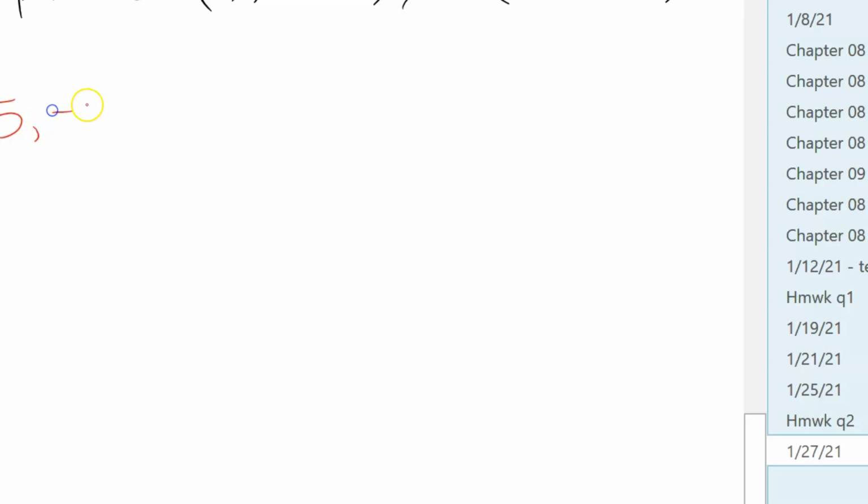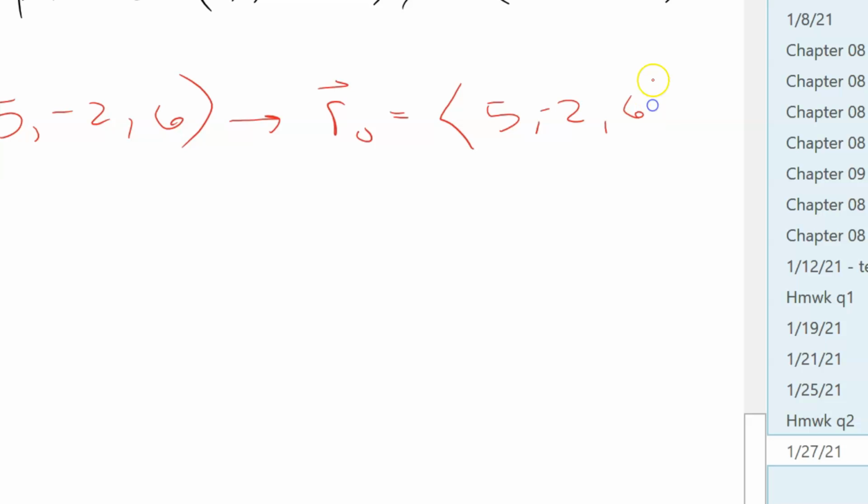That means I can choose my vector R0, which just needs to pass through that point P, to be the component form of that point, right? Remember, that is describing the vector whose tail is the origin and whose head is that point 5, negative 2, 6. So that certainly is going to pass through the point 5, negative 2, 6.